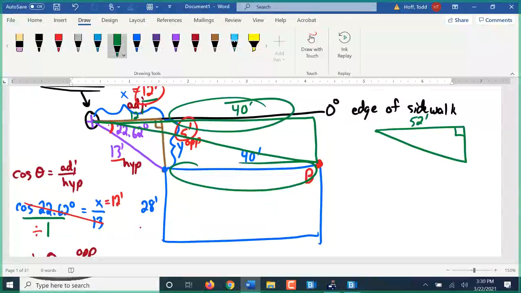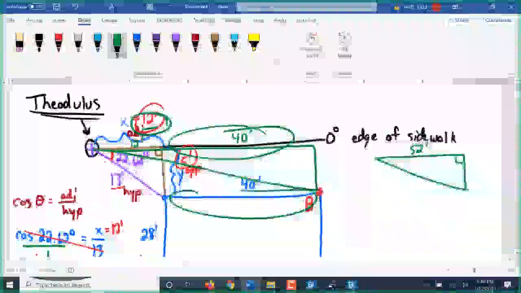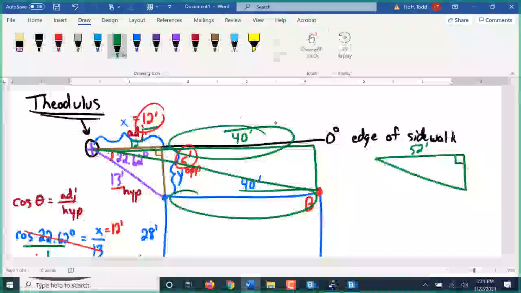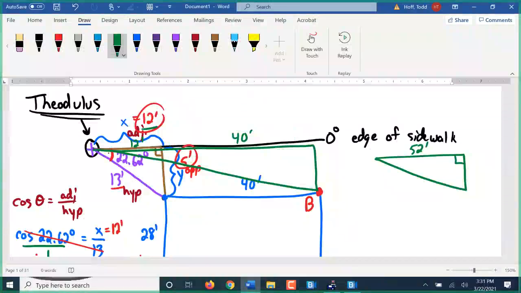Yep, that's why we had to add the 12 feet there. Oh, 12 feet from the other triangle just gets added to the 40 feet. Gotcha. What do we know about this distance here? 5 feet, you got it.